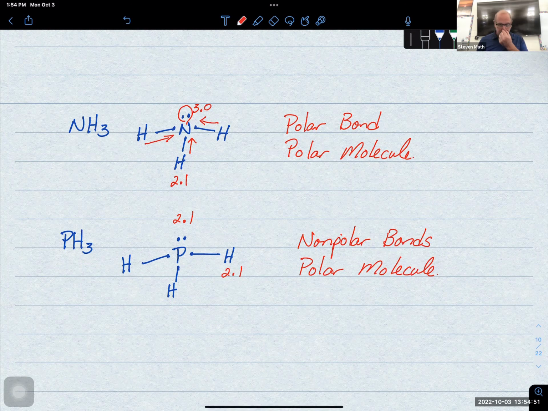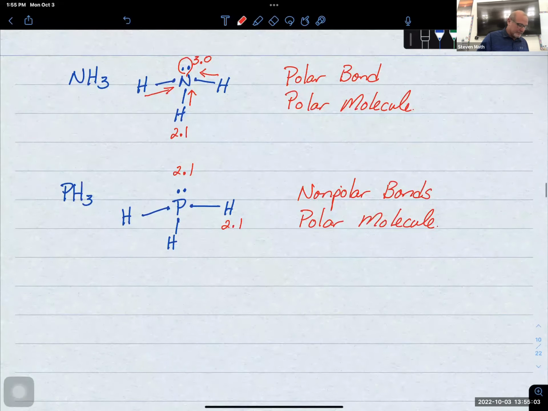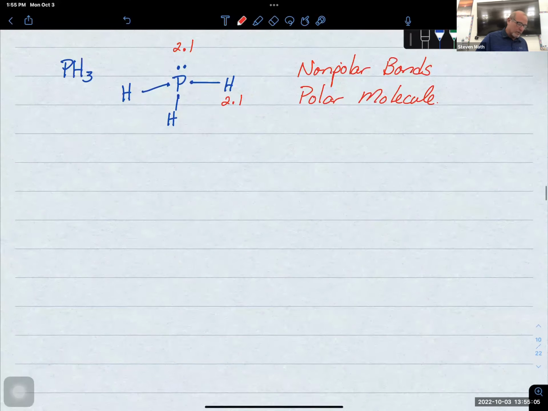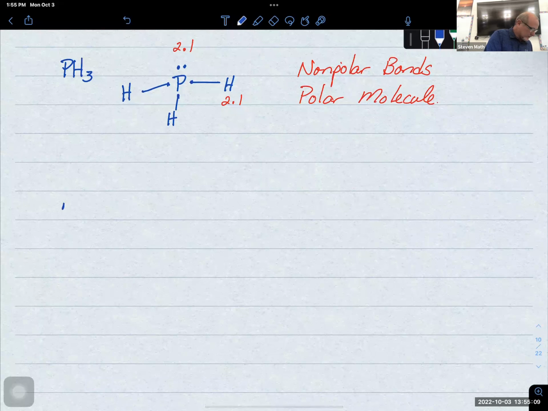And you're saying, well, could we have different types of bonds? Yeah, we really could. As a matter of fact, let's do CBrH3.